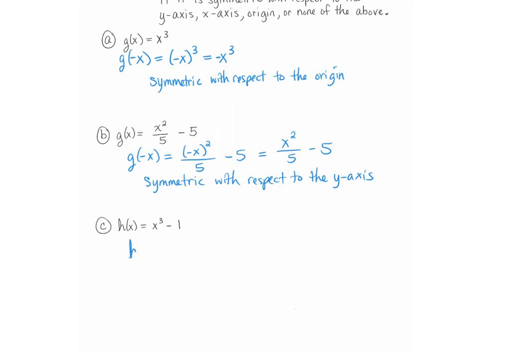So h of negative x is equal to negative x quantity cubed minus 1, which is negative x cubed minus 1, which is not our original function. So it's not the opposite of our original function, so none of the above. In other words, it has no symmetry.